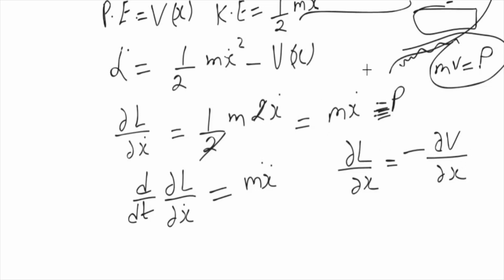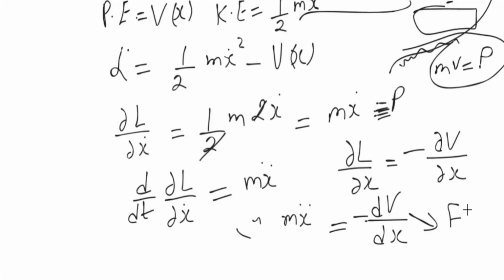Now the Euler-Lagrange equation says this is equal to this. So it means m x double dot is equal to minus dV upon dx. Now what is this? This minus dV upon dx, if you recall, is force.